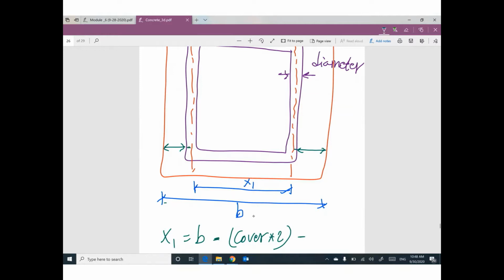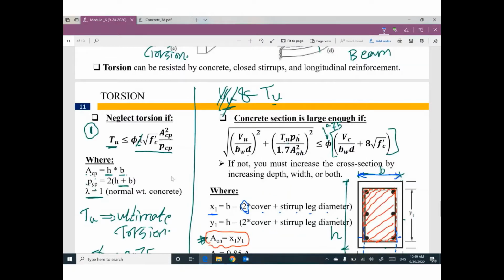Can you tell me if you add this one plus this one, what is the value? It will be the diameter of the stirrup. Because you have radius here and you have radius here, that means if you add this one plus this one, you will get the diameter. Do you have any comment?